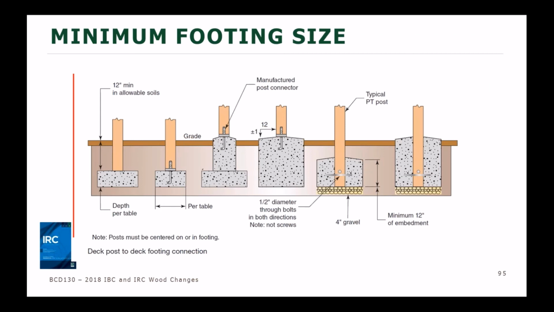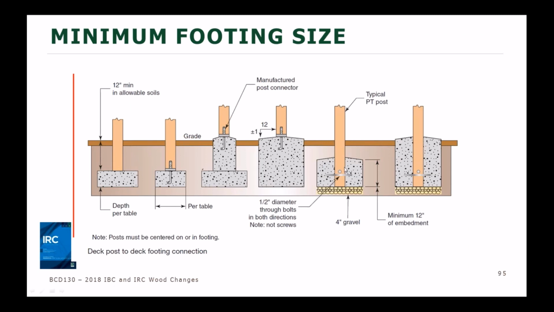And this diagram only changed slightly within the 2018 code, and it's again looking at what kinds of different footings we have across the country. As you look at it, probably in the area that you happen to be from, you'll see one or two types that are typical for your area, but we have huge differences within the country. And therefore, we're just giving a little more information, a little more detail here on what that might look like.